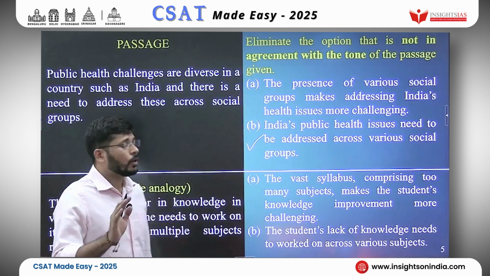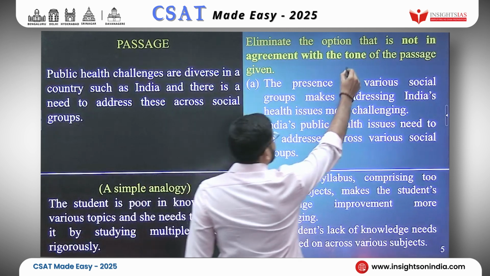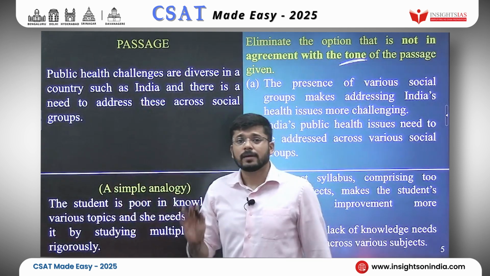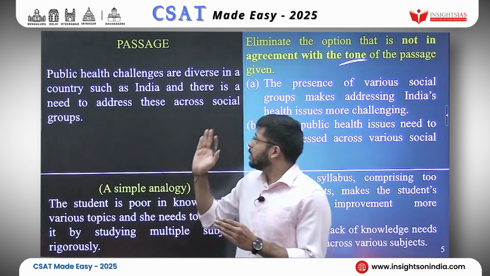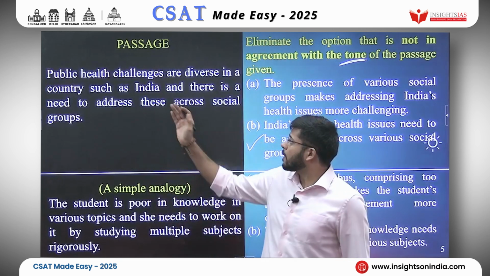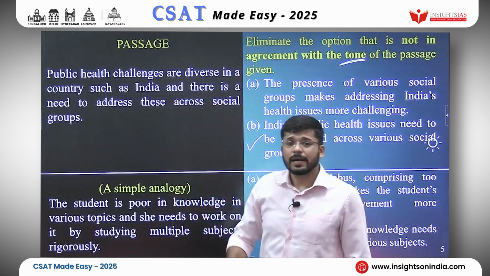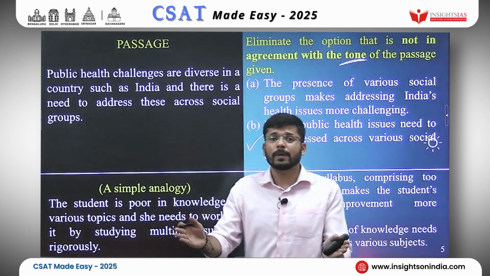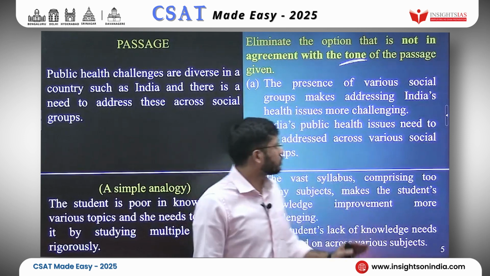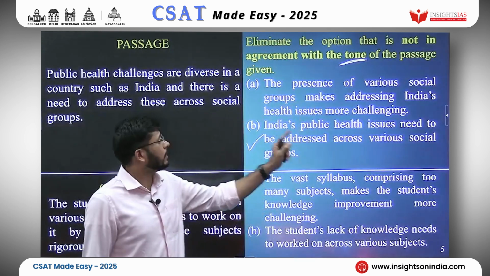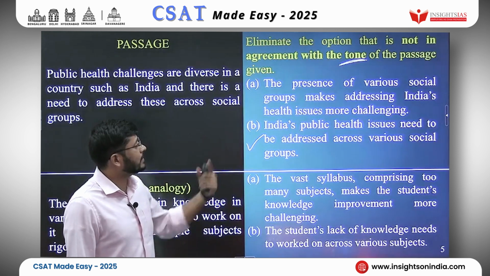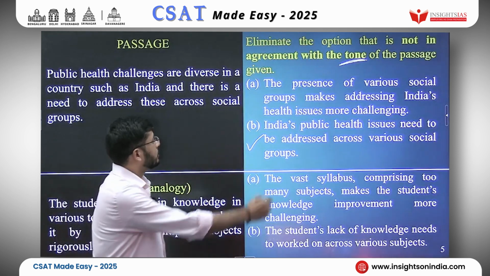Yes. Okay. Now, here we are talking about the tone of the passage. What is the tone of the passage? The passage says that India has public health challenges and they are diverse, and India needs to address them across multiple social groups. But what does this first option say? The presence of various social groups makes addressing India's health challenges more challenging.